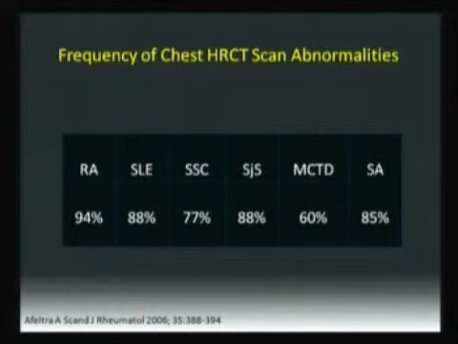Is that a disease? Is that just something that we pick up with a very sensitive tool, high resolution CT, with no clinical relevance? So the point of PFT is a crucial one. But again, if you take a high resolution CT scan in the typical patient with rheumatoid arthritis, all of them will have abnormalities on CT scan. What do you do with that?